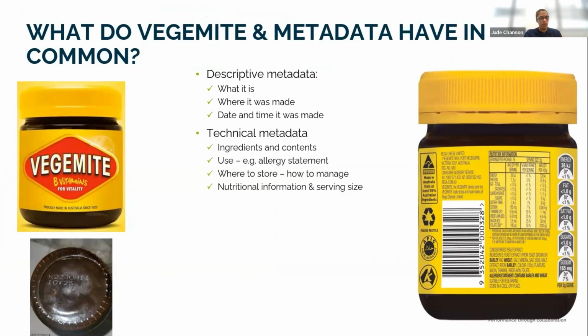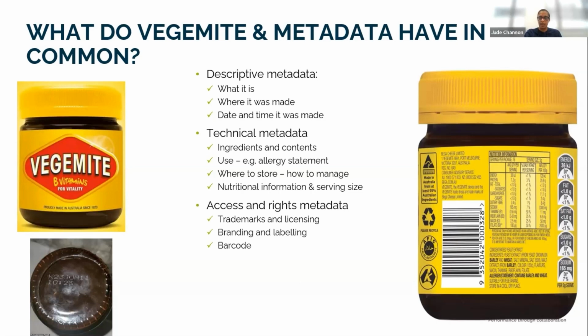So the ingredients, the content, things like README files; this will be things in the metadata space of where to store, how to manage, data models, user limitations. It has access rights. So trademarks and licensing are on your Vegemite jar, branding and labeling, and a barcode.